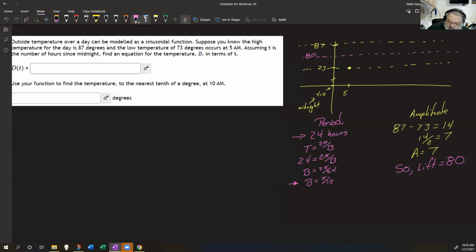Now, one of the easy errors to make when doing a problem like this is that this 5 a.m. can often throw people off, because what people often want to do is say, okay, then we start at midnight and reach that minimum at 5. And then we continue through our oscillation.